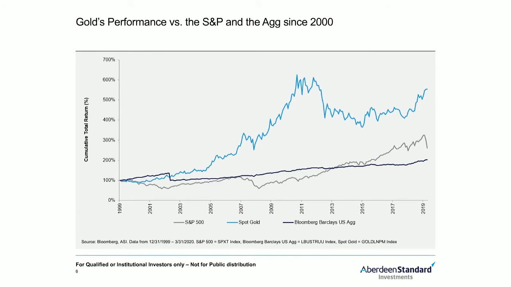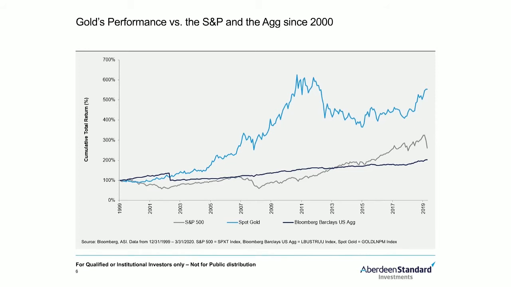For this slide, what we're looking at is gold's performance versus the S&P and the Barclays Ag since 2000. And clearly you can see that gold has had quite a run. The two points I wanted to make on this slide were, first, that there are many investors who believe that gold doesn't have a role in the portfolio.